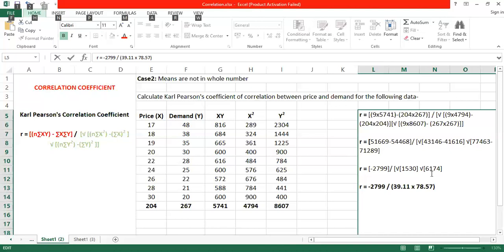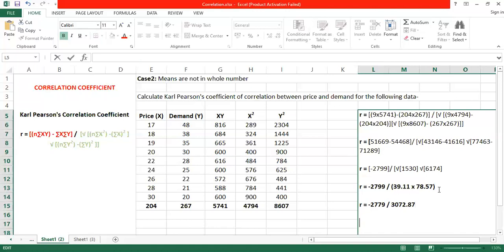So R equals to, now it is minus 2799 divided by, we need to multiply these two, 39.11 into 78.57. It is 3072.87, right?